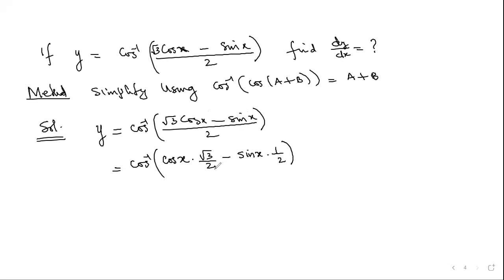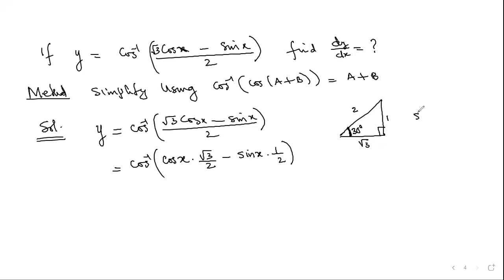Now you must have noticed one speciality with these numbers. Yes, they are the sides of a right angle triangle: root 3, 1, 2. And naturally, what will be this angle? Can you tell me? The side opposite to the hypotenuse is half, so this will be 30 degrees, no? Yes, sir.